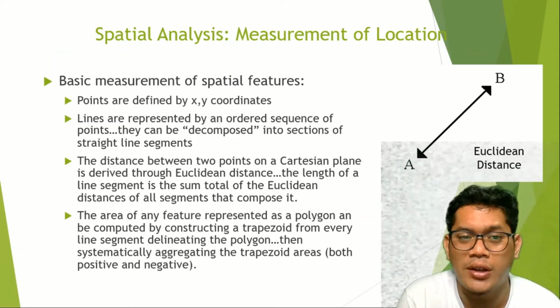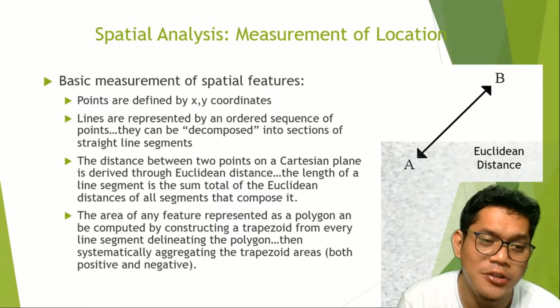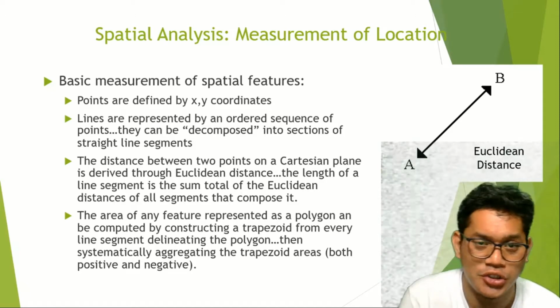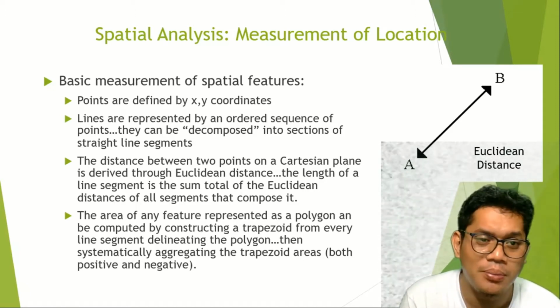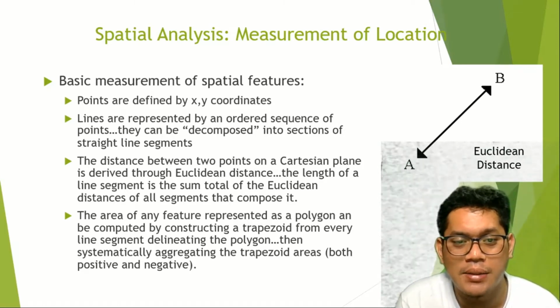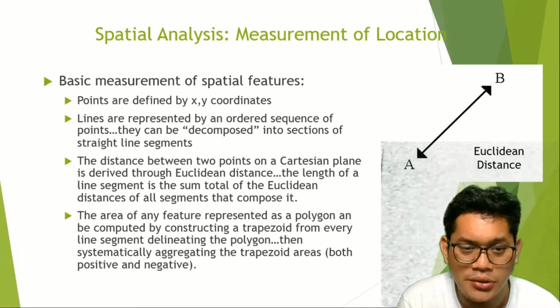So what are the simple analyses that can be used in GIS? The example will be the measurement of location. For the basic measurement of spatial locations, we know that points are defined by XY coordinates from A to B, and lines are represented by an ordered sequence of points.